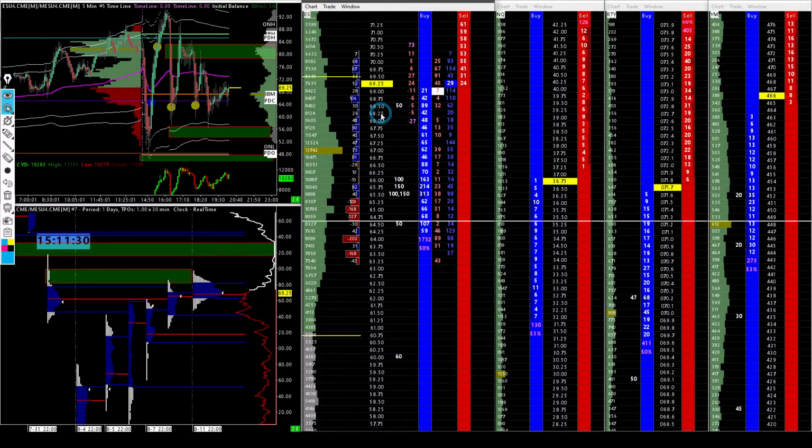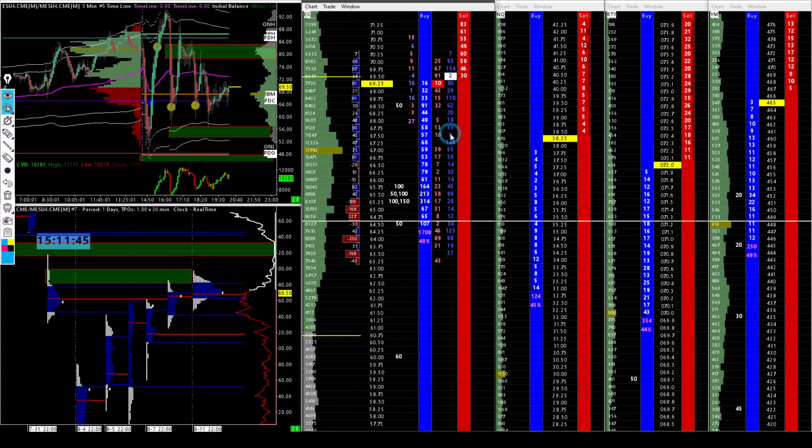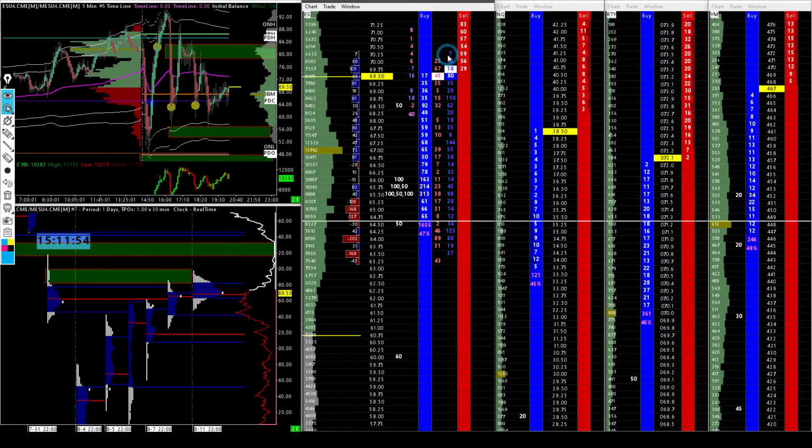If they do, they'll go down and fill out this 50 lot here. Let's see if sellers hit it with some size. And that's what I mean by the offer being pulled. 9 contracts traded, 35, 18, 20. And then you get up to this level and they're absorbing 150, 200 contracts.